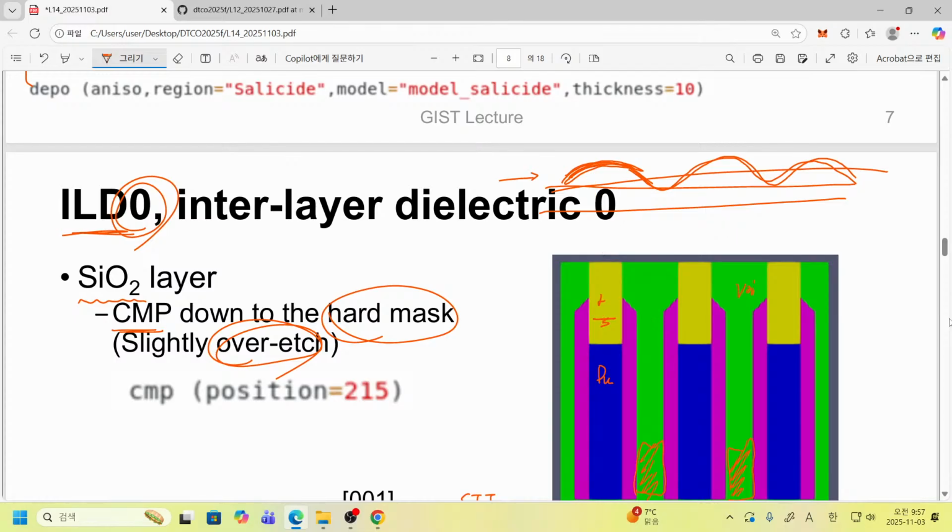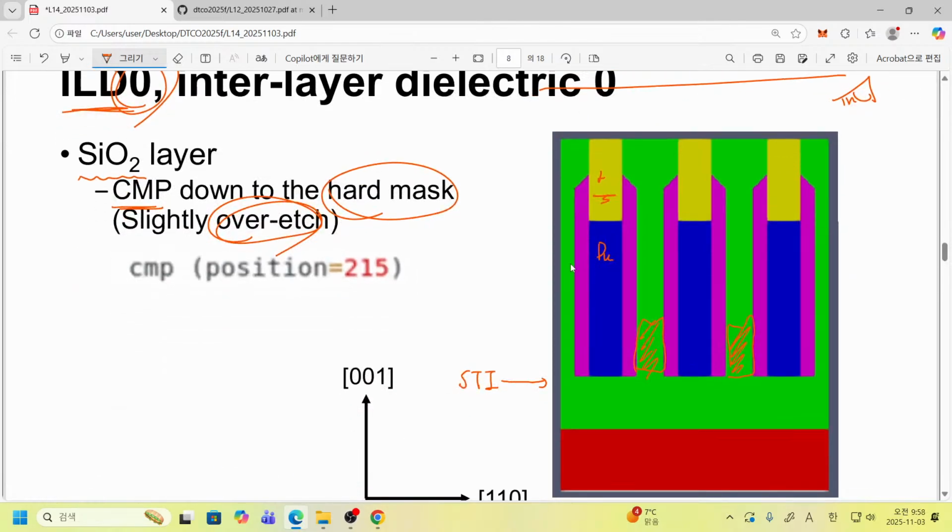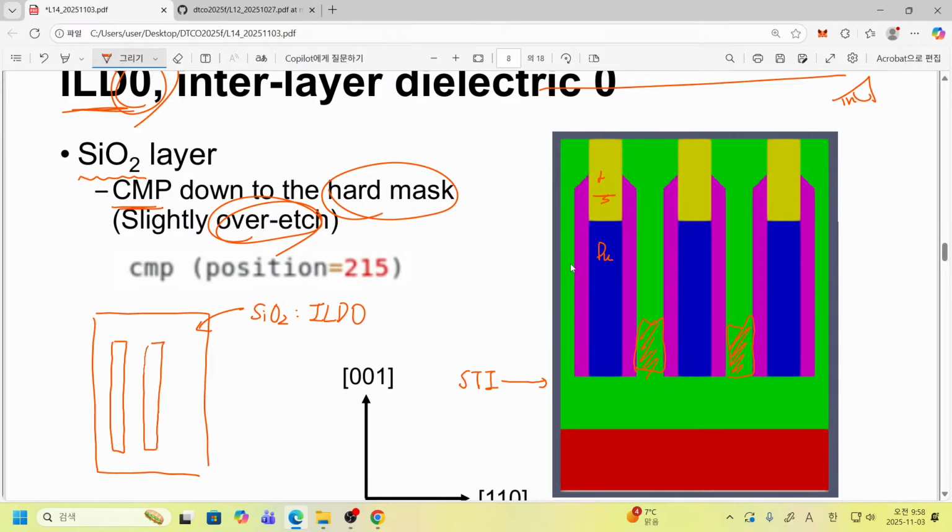When we make a top view of this structure, what we can see is that the entire cell is covered with silicon dioxide corresponding to ILD0, and only at the positions of our dummy gates you can find some part exposed as silicon nitride.